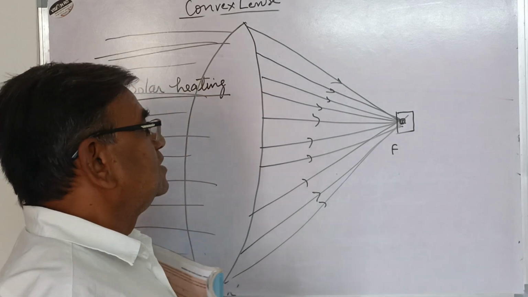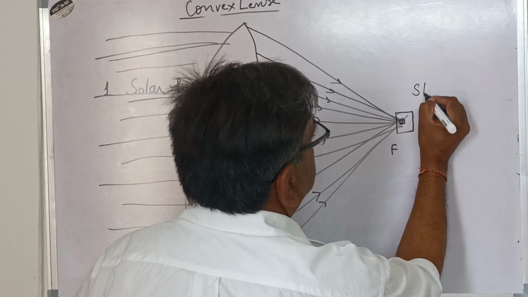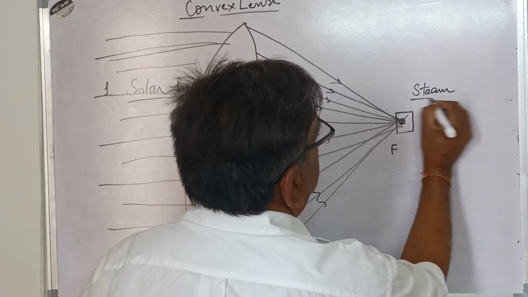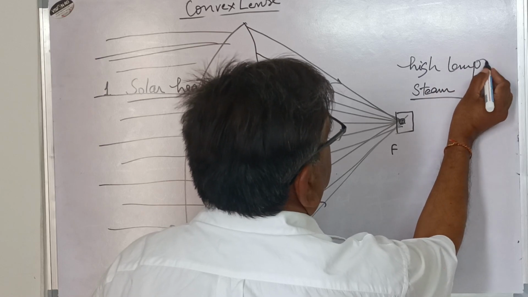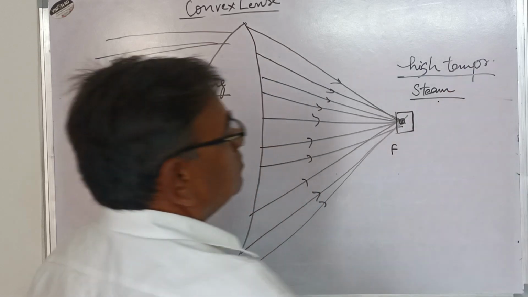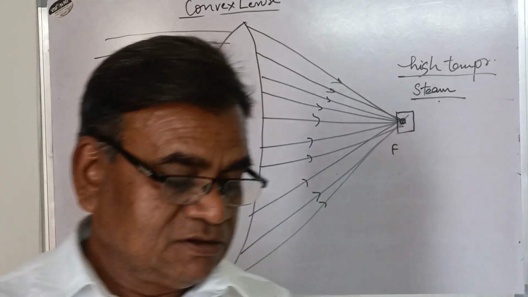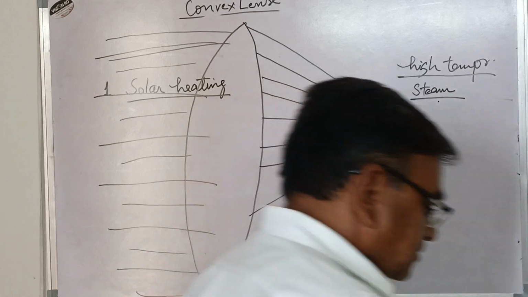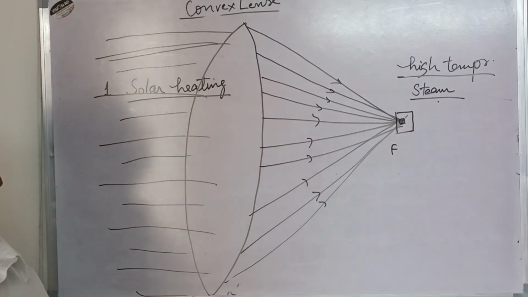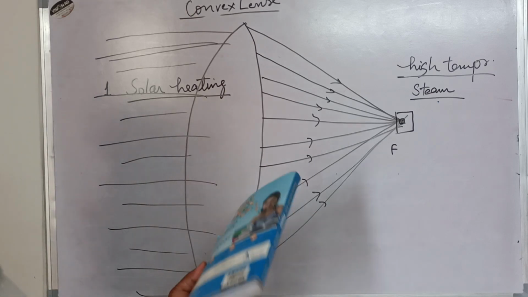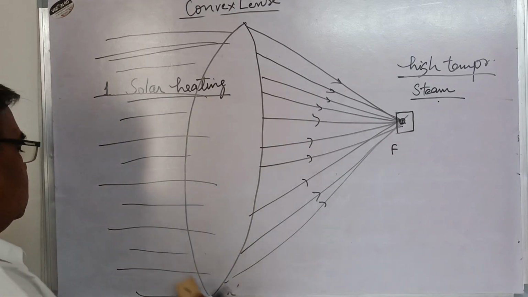So much heat is generated, and that heat is used to boil the water to make steam. And high temperature steam is used to cook the food there, and you can use this heat anywhere, for solar water heaters on the roof.